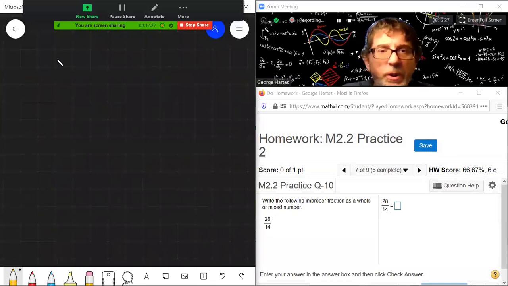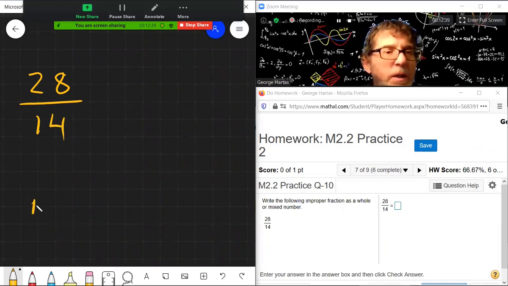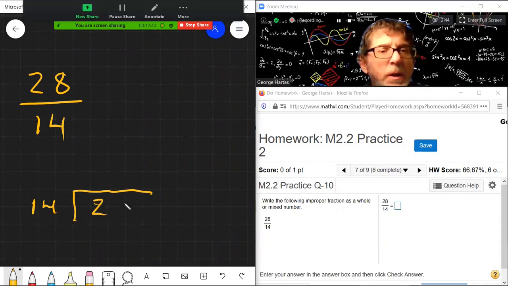All right, so here we have 28 over 14, and we have to convert this to a mixed number. Long division. 14 goes into 28 2 times. 2 times 14 is 28. Subtract. Remainder is 0.